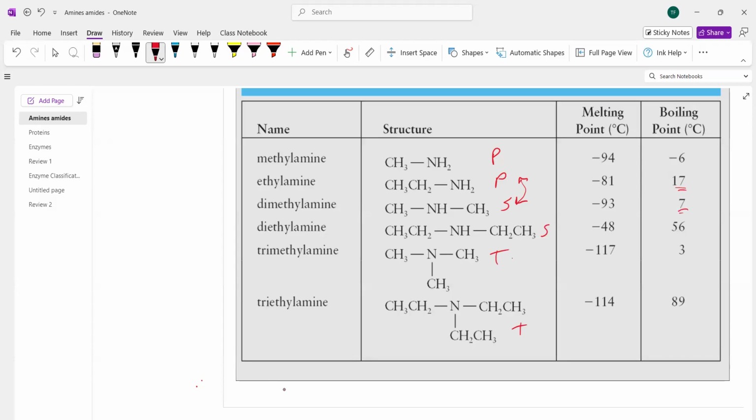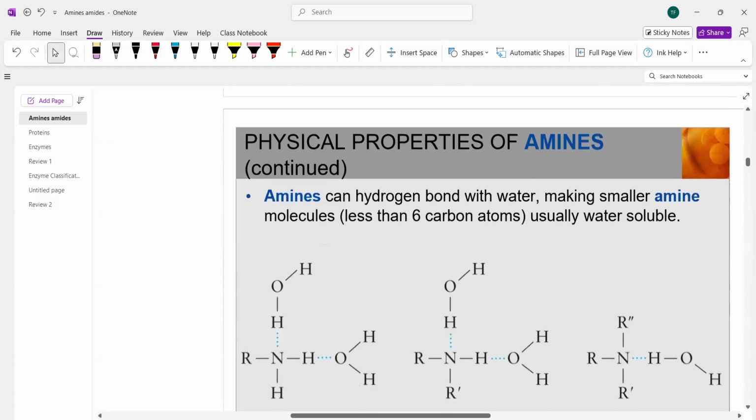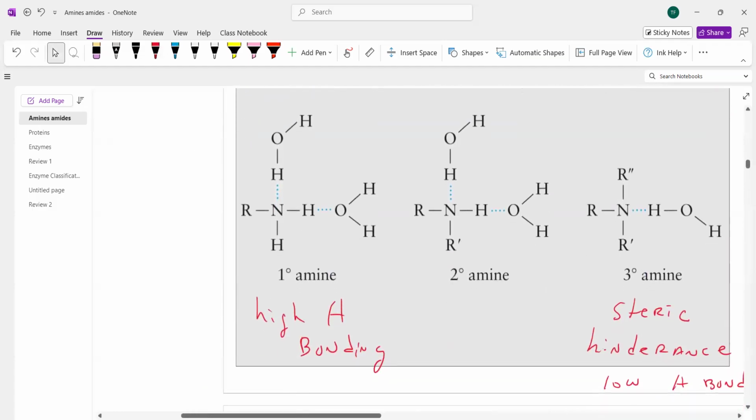We get down to tertiary. The problem with tertiary is we have something called steric hindrance. In other words, these groups here kind of keep the nitrogen protected.